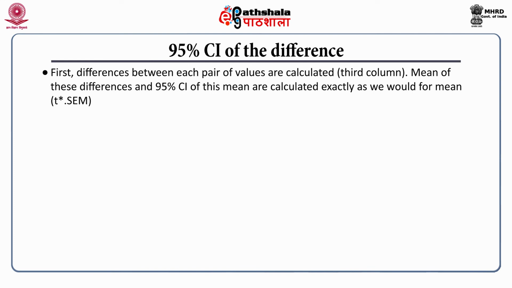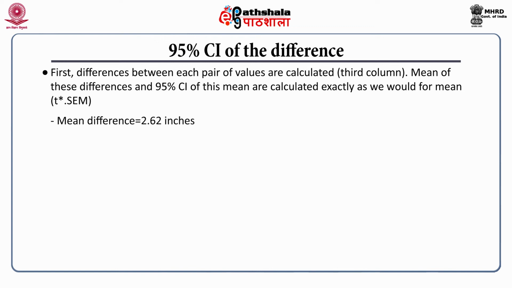First, differences between each pair of the values are calculated, the third column in our table. The mean of these differences and the 95% CI of this mean are calculated exactly as we would for any mean. That is the constant t from the t distribution multiplied by the standard error of the mean. That is exactly how we calculate the 95% CI of the mean, and the same way we can do that for this paired t-test.